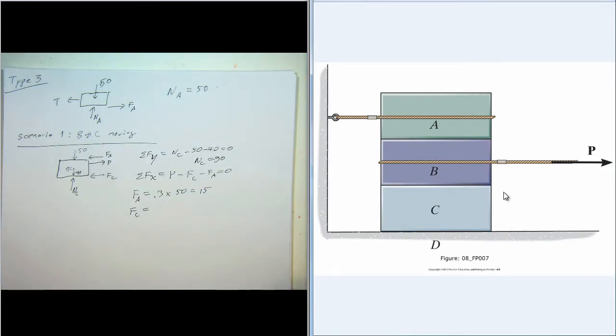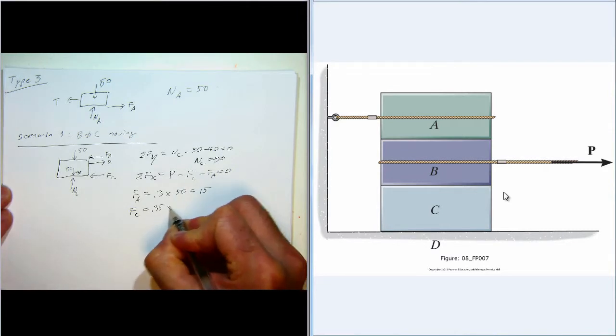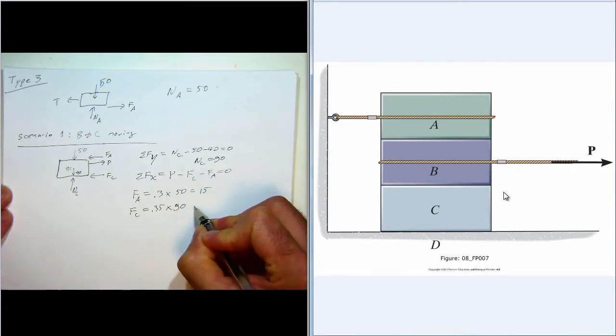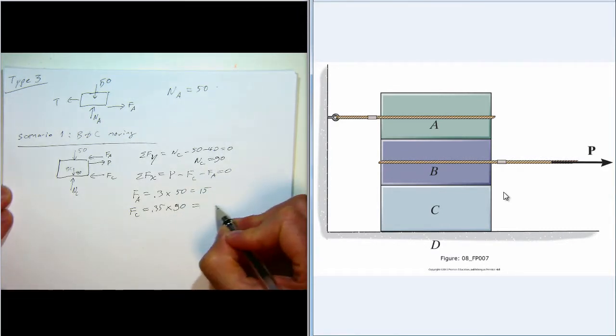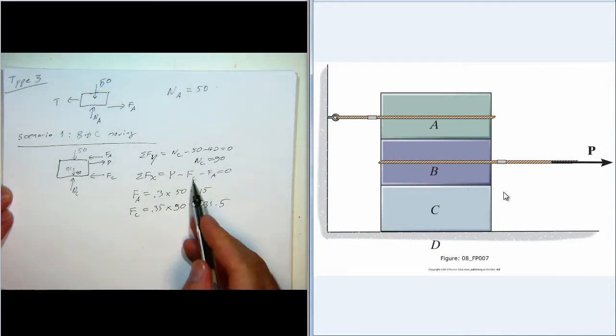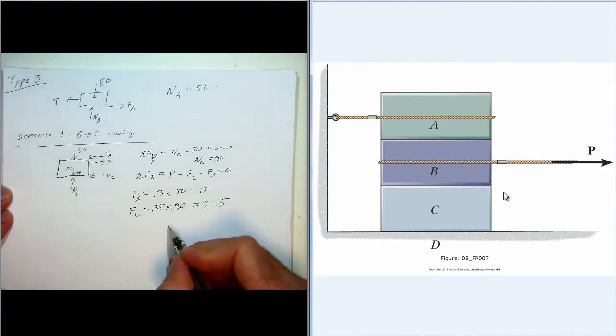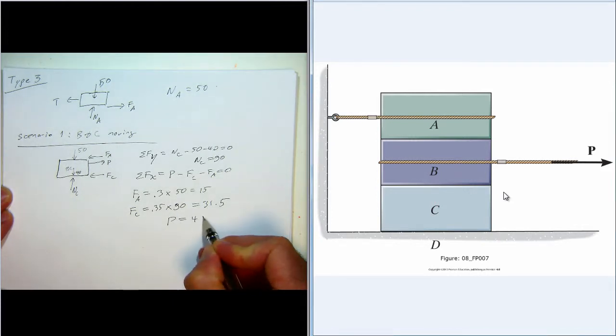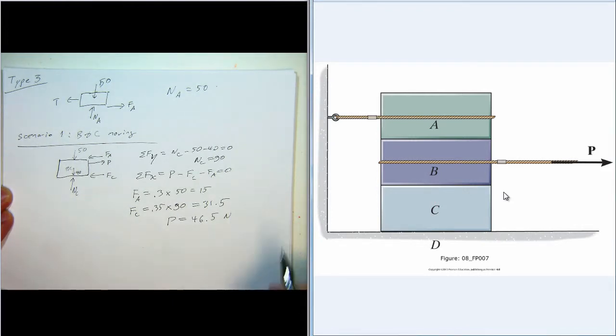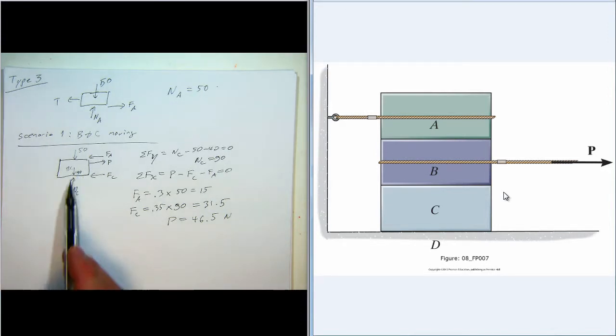It's 0.35 times NC, and so that's 31.5 newtons. So we can substitute back into here, and we find out that P is 46.5 newtons. So that's scenario 1. If B and C stick together, then we've got to pull with 46.5 newtons to get them to start moving.